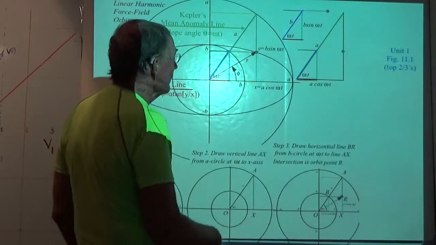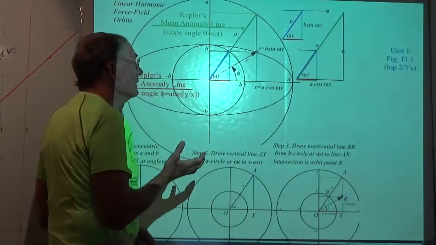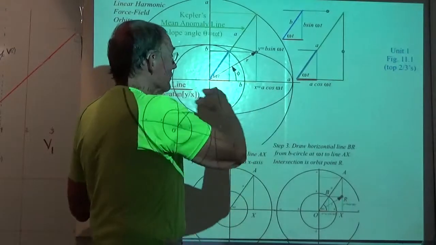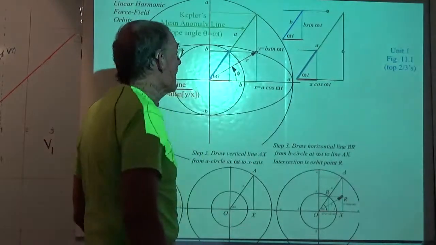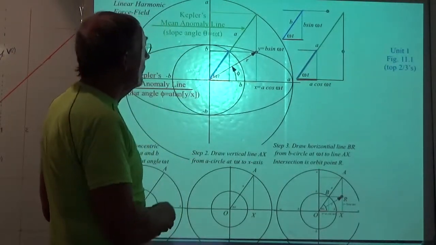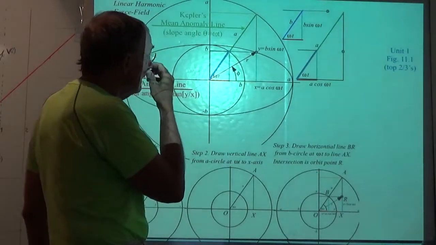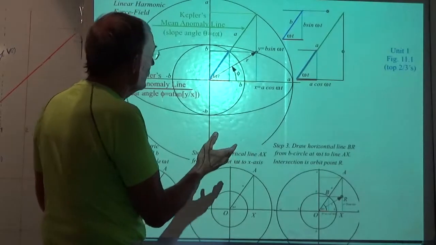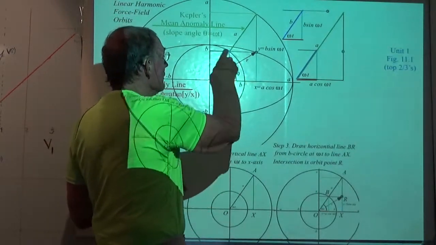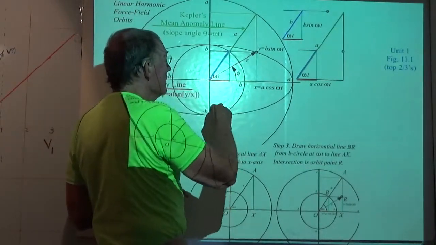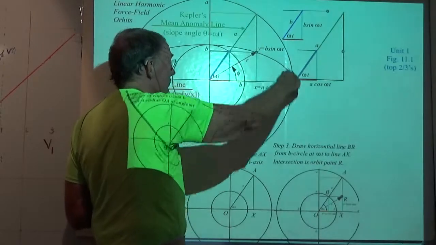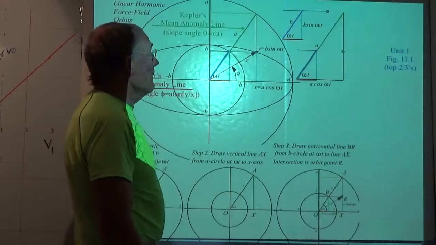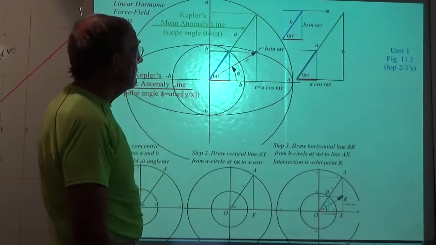Those are the two numbers that describe an ellipse if you know that its major and minor axes are in X and Y. So the question is, how do you construct this very quickly on graph paper? And the answer is, you simply draw the circles associated with the minor and the major axis. And then it's pretty easy.